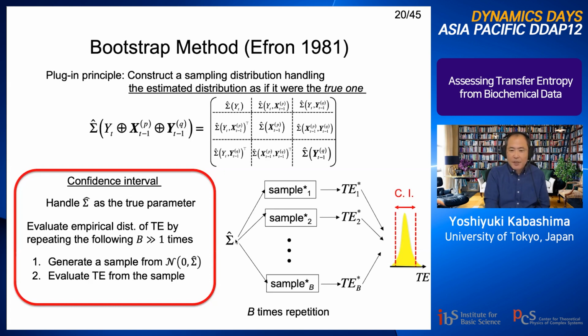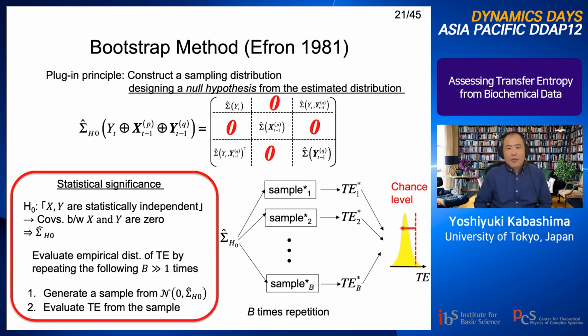So we sample from the estimated distribution B times, and for each we evaluate transfer entropy. Then we can construct a histogram, and from this histogram we evaluate the confidence interval.